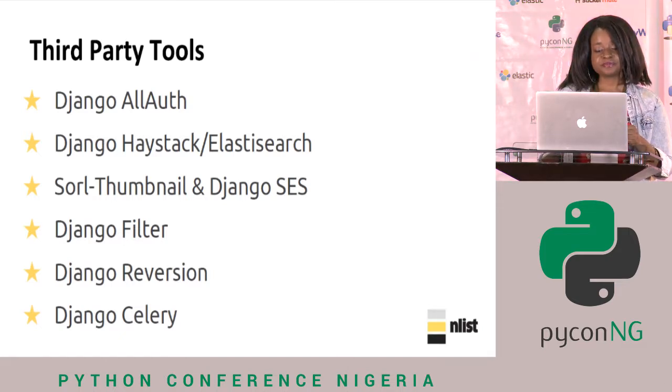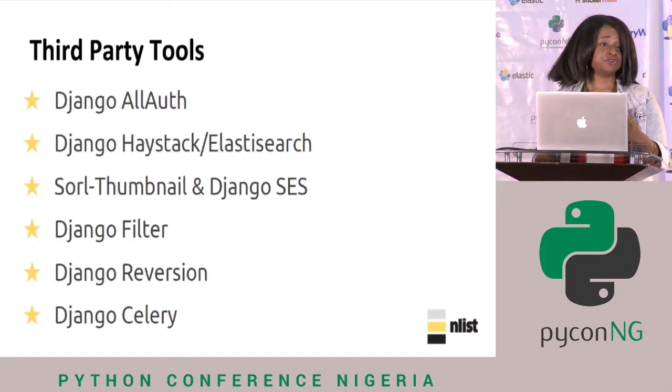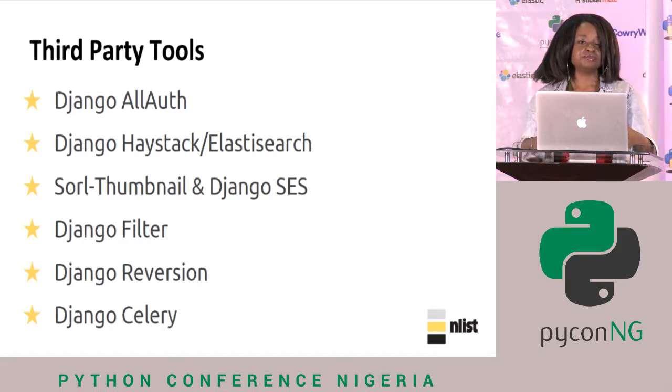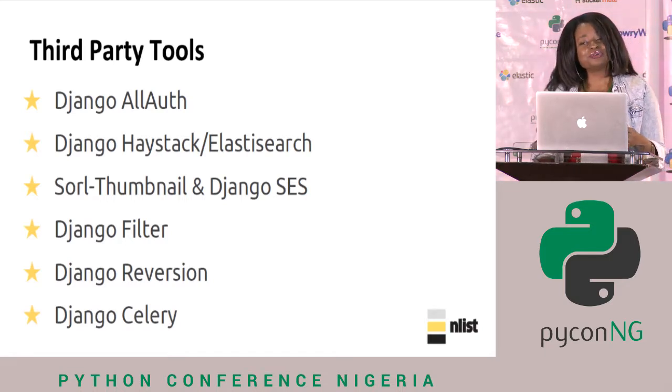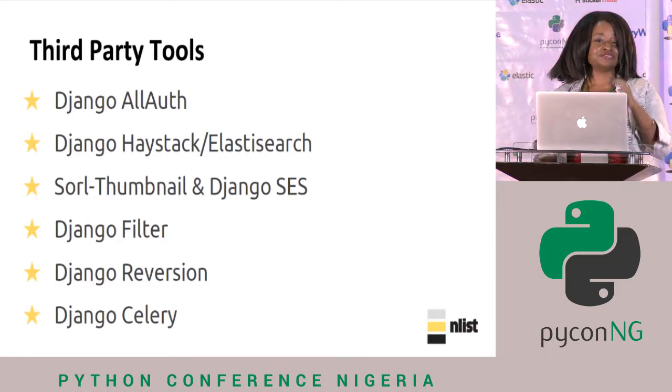Then Sorl thumbnail. Basically, for each person or for each movie, you're going to be using a certain image multiple times in different locations and different sizes. What some people do is they just resize the image. With Sorl, you can create multiple sizes and it caches them.